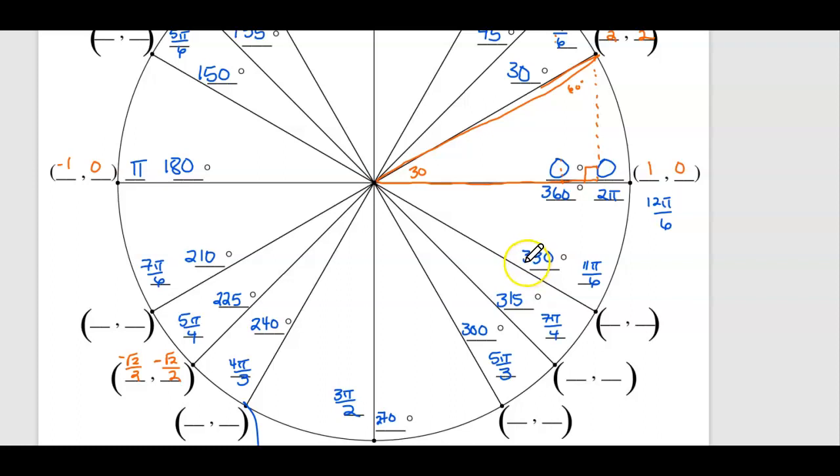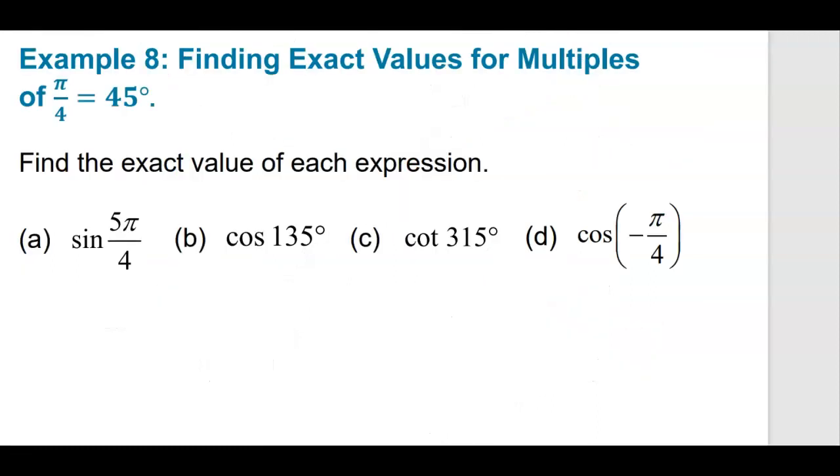So in the fourth quadrant, x is positive, but y is negative. So this is going to be square root of 2 over 2 and negative square root of 2 over 2. Now, I want you to pause the video using just this part of your unit circle. Find the exact value of each of these 4 expressions.